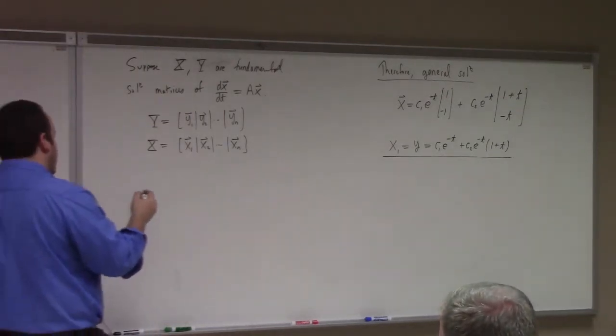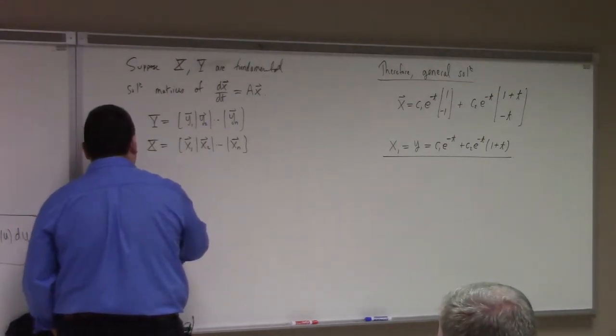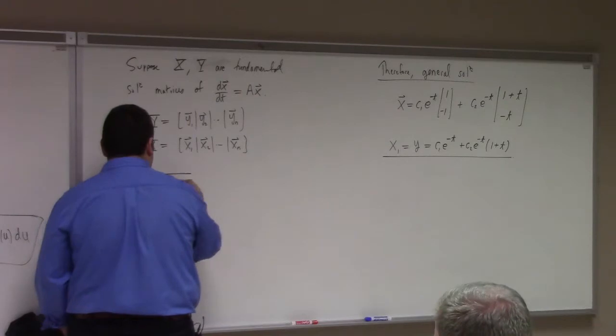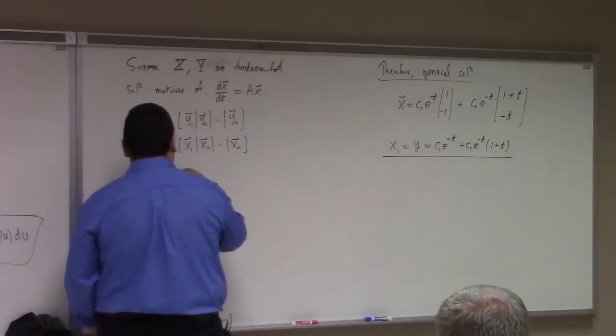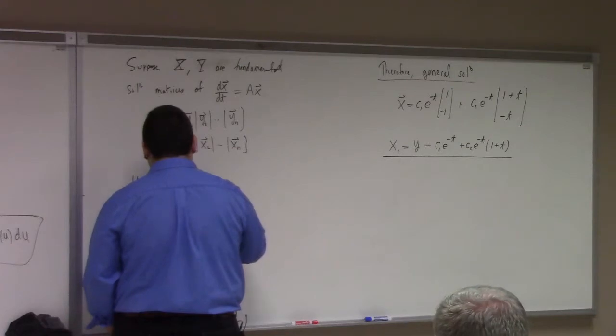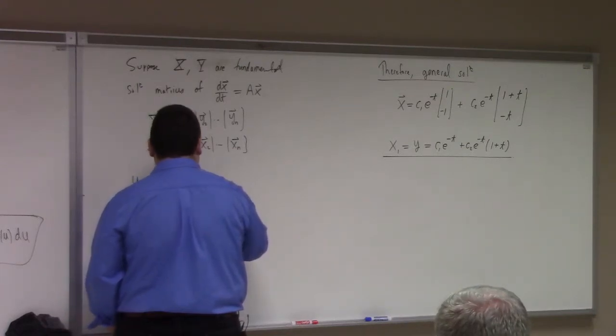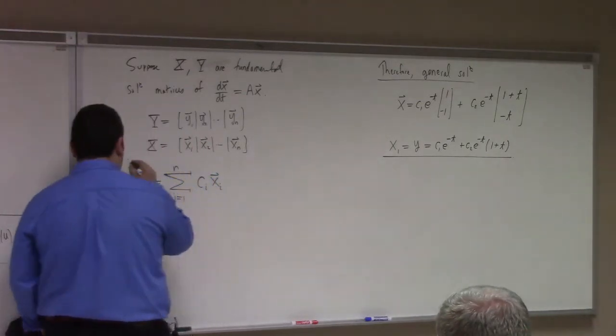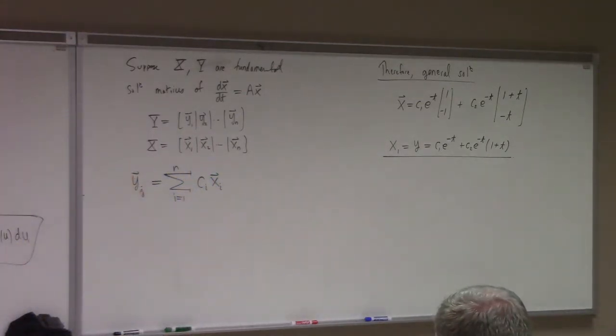In other words, I can write any y sub j as a sum, i equals 1 to n, of c sub i x sub i. Why can I do that? Because these are made of solutions to the system, right? And the fundamental existence theorem says that if you have a fundamental solution set, you can build any solution as a linear combination of the fundamental solutions, right? So I can build any y vector as a linear combination of the x vectors. Not just that, it's unique.